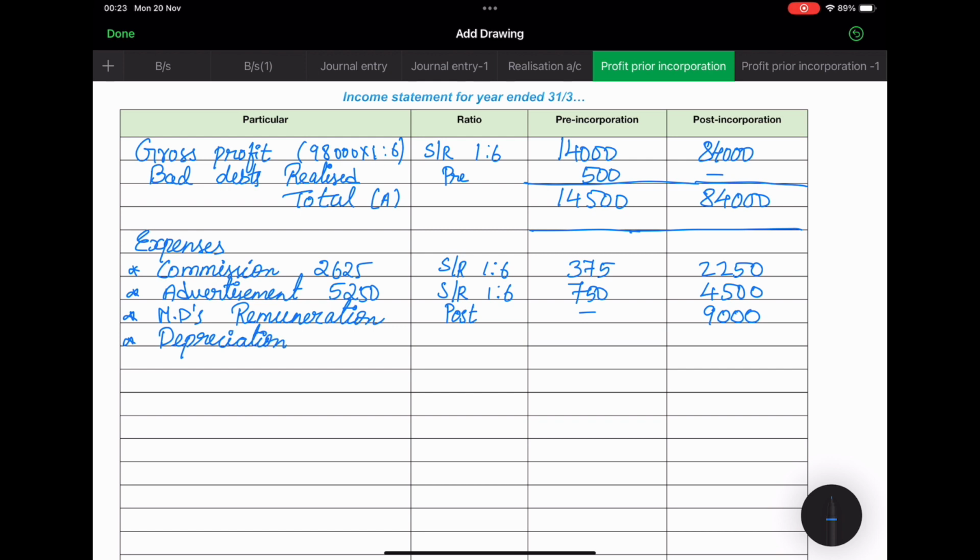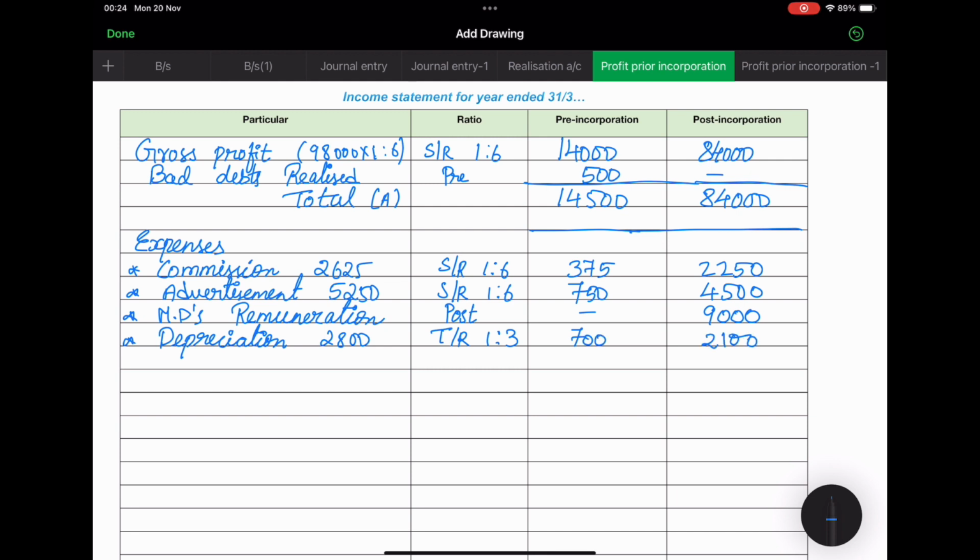Depreciation is valued at 2800. In time ratio we are going to identify that. So time ratio is 1:3. So 2800 into 1 by 4, that is 700, and 2100 for post incorporation.